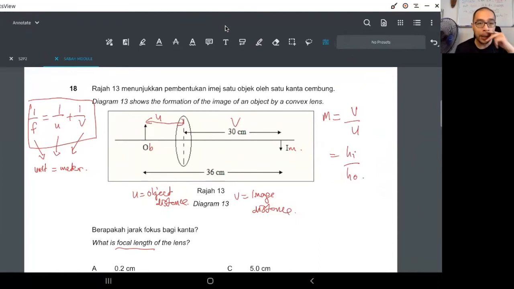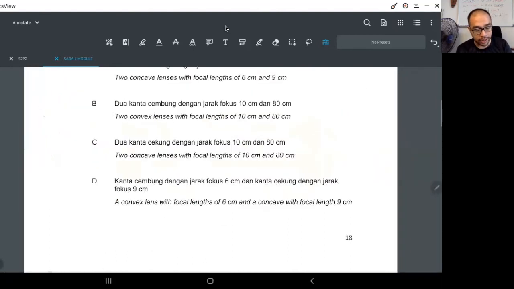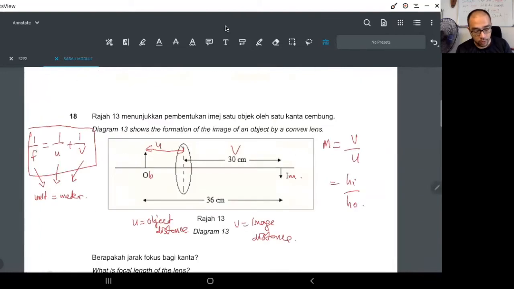Okay, can you see? So the unit for this must be in meters, although they give centimeters. We want to find the focal length, which is F. So we have 1 over F equals 1 over U plus 1 over V. If this is 36 and this is 30, you know that U is 6.